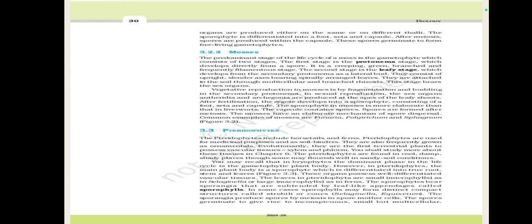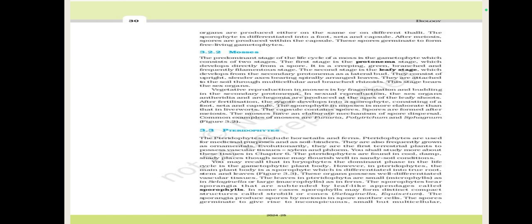Pteridophytes. The pteridophytes include horsetails and ferns. Pteridophytes are used for medicinal purposes and as soil binders. They are also frequently grown as ornamentals.